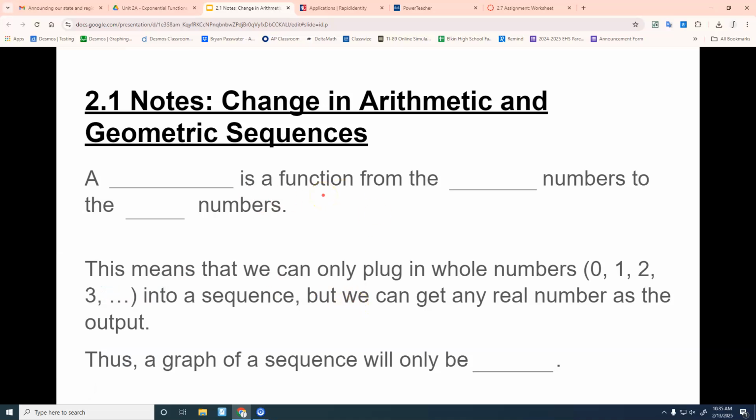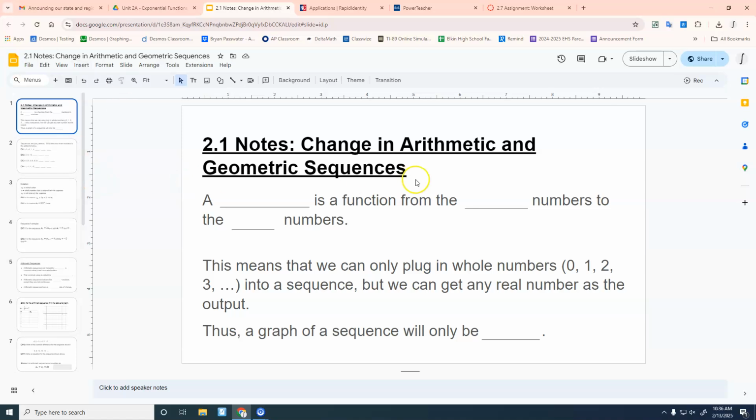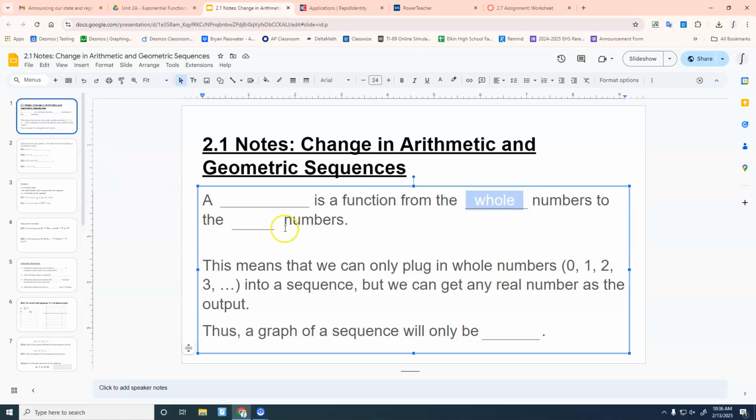Okay, so a blank is a function from the blank numbers to the blank numbers. So this is a sequence. It is a function from the... hold on a second here. I thought it was integers, but that doesn't make sense. Whole, okay.